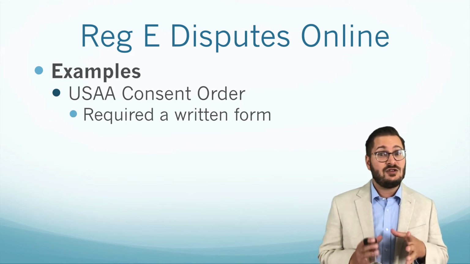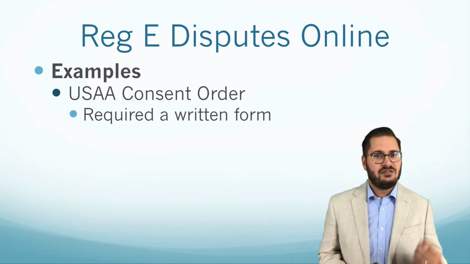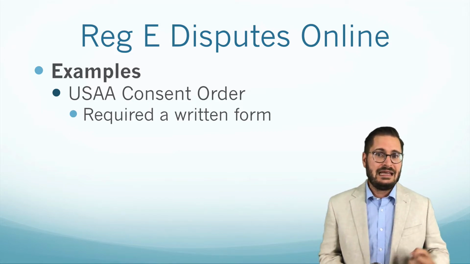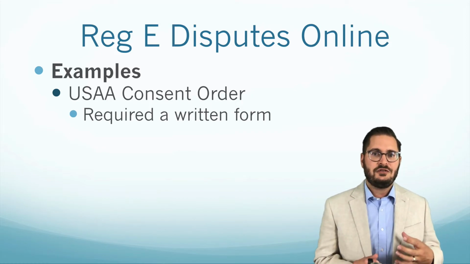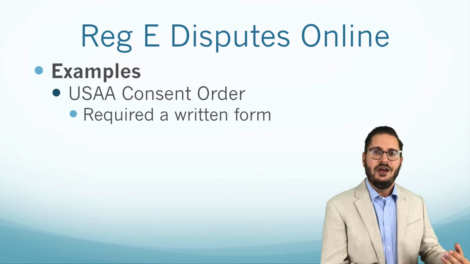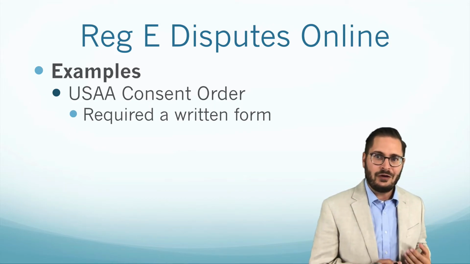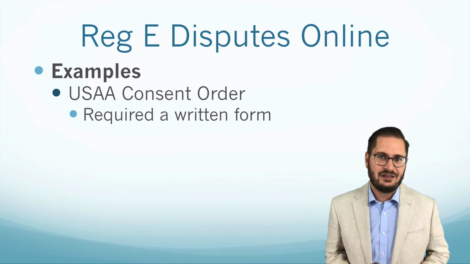It was one of their internal documents, had to be signed by customers before they would proceed with an investigation. And in the consent order, it talked about how the financial institution cannot require their own form. They have to permit consumers to submit an oral request, and that oral request must trigger that investigation.